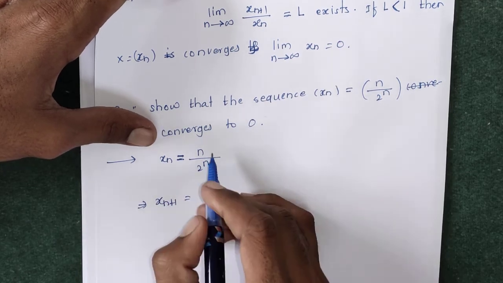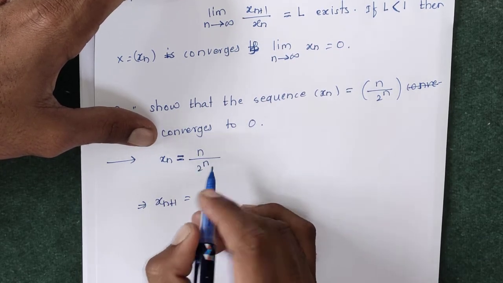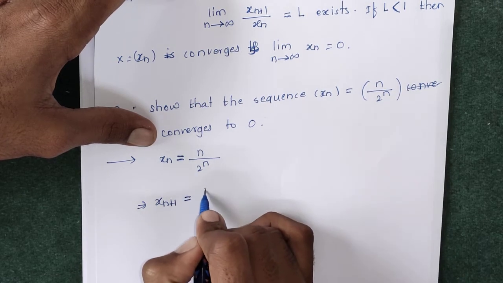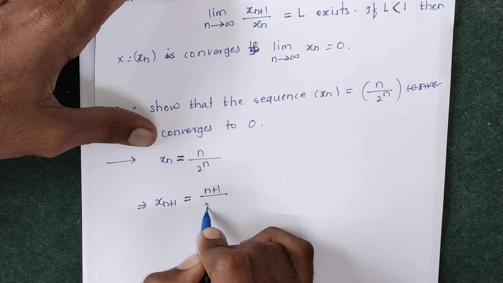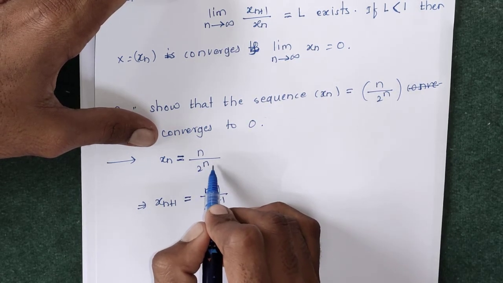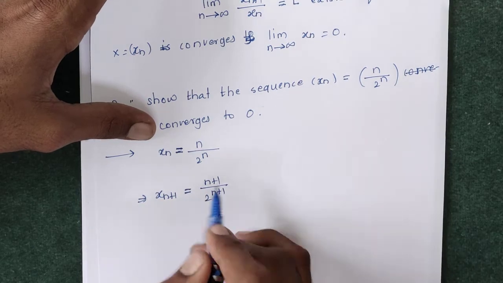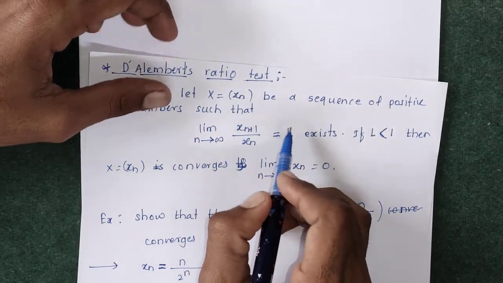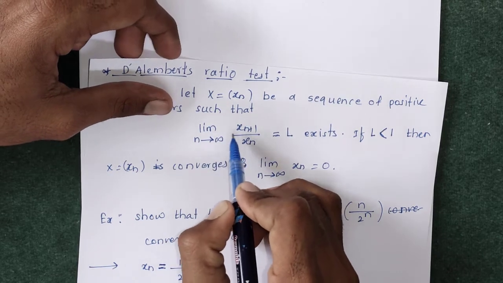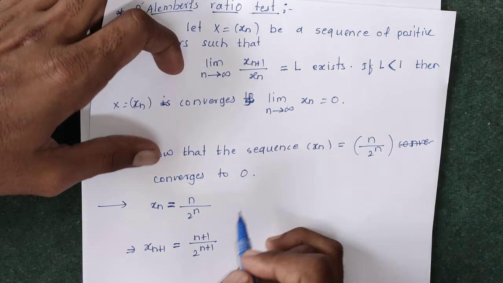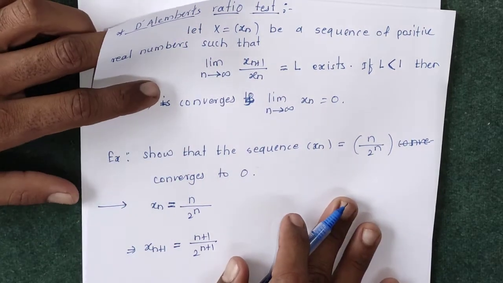So we have to replace n by n+1 in this equation, then we get n+1 upon 2 raised to n+1. Just substituting n+1 instead of n, we get this xn+1. Now to use this test we have to find the limit of xn+1 upon xn. If that limit is less than 1, then we can say that the sequence is convergent.